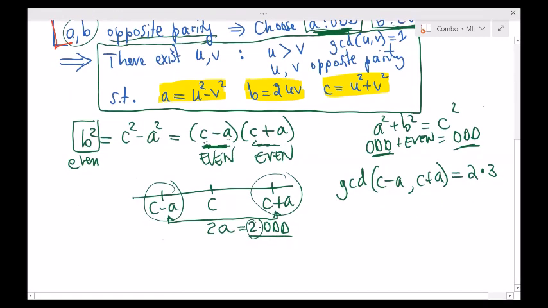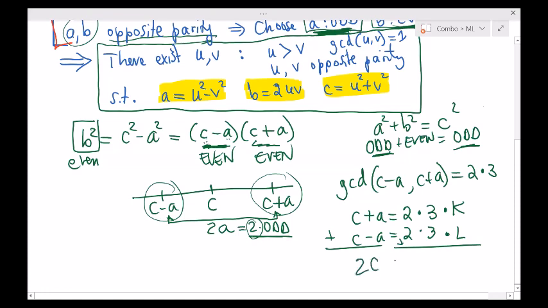Why is that? Let's think about it. So far we know that c plus a has a 2 in it. Suppose it had a 3, so 2 times 3 times k, and suppose c minus a is something like 2 times 3 times l. Then let's check their sum. If you add them up, you get 2c is equal to 2 times 3 times (k plus l), right?